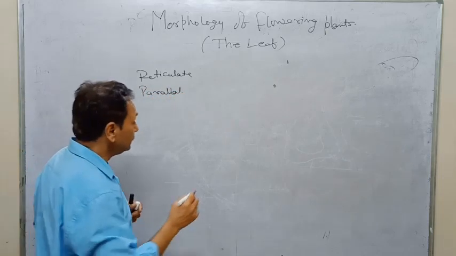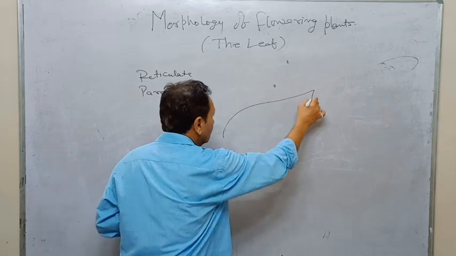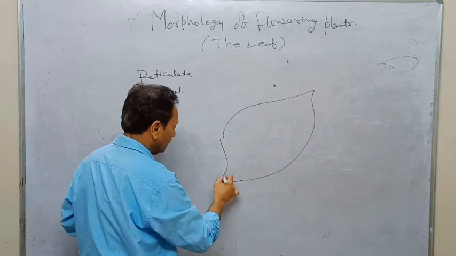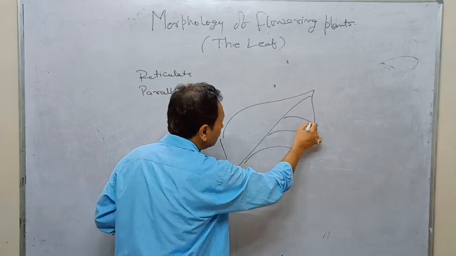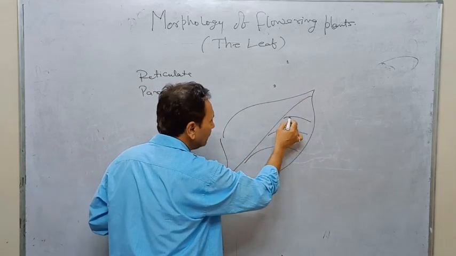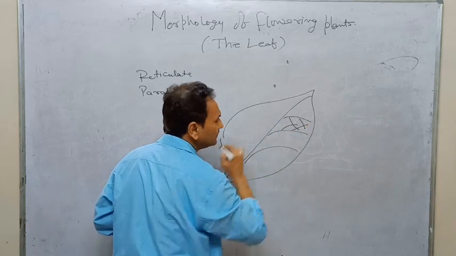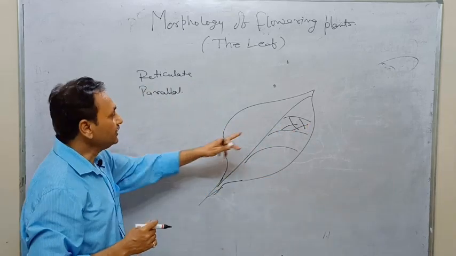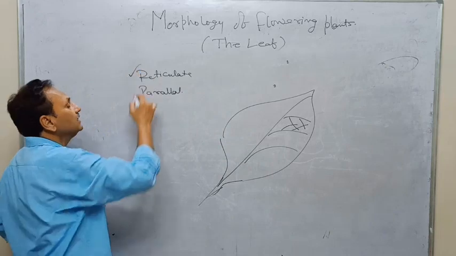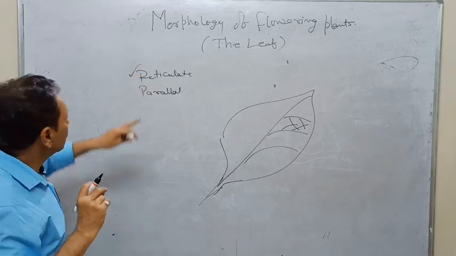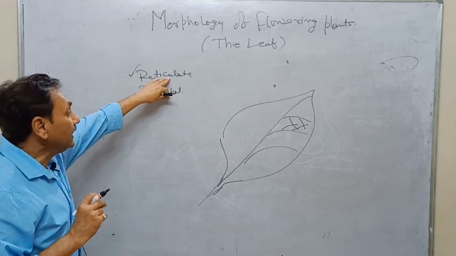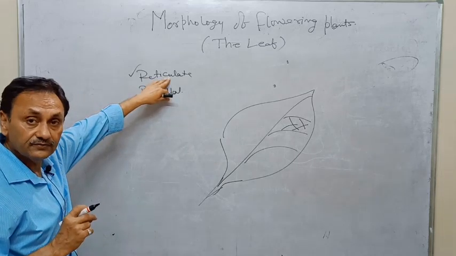It has been observed that in a leaf having a midrib and veins originating from it, when the veins form a net-like structure, it is called reticulate venation, and it is a typical example of the dicotyledonous leaf.